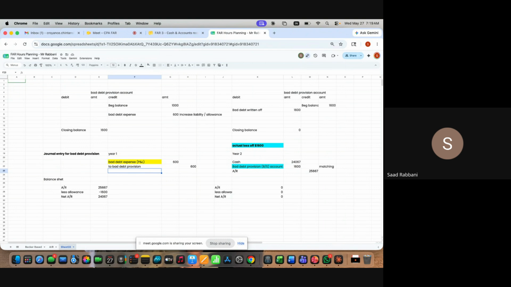CECL expense is a bad debt expense. CECL provision is a bad debt provision. Okay.